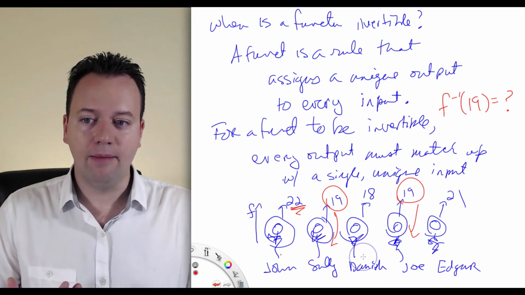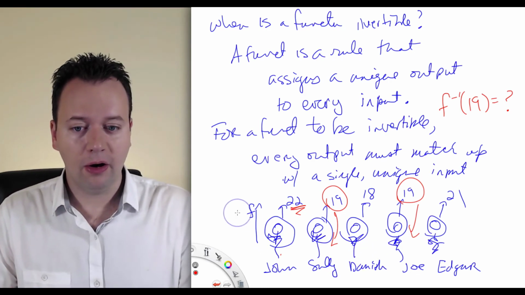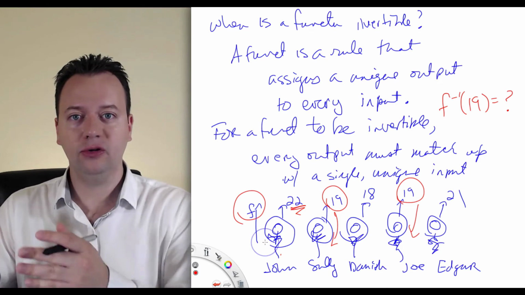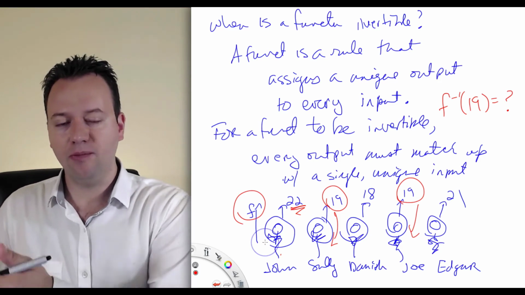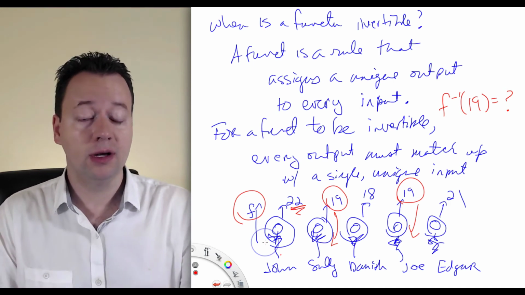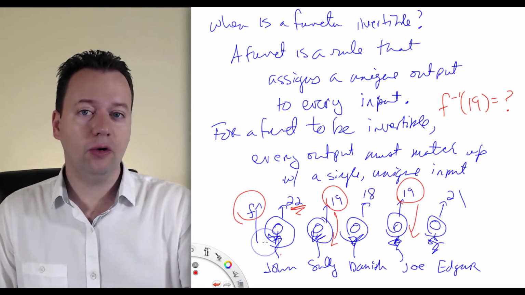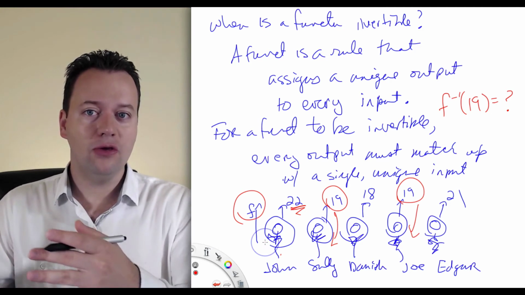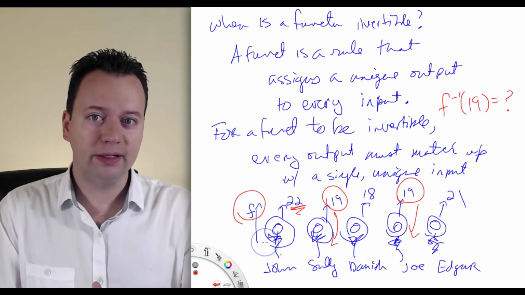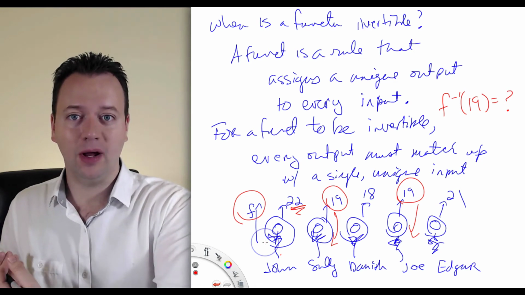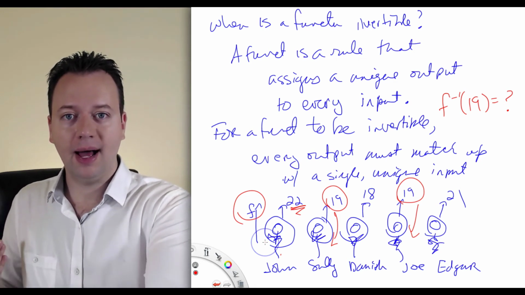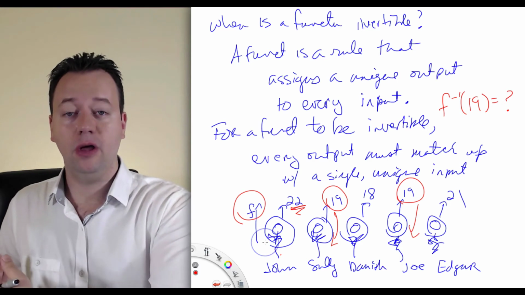Just to require f to be a function, it's okay to use outputs for multiple inputs. It's okay for different people in a classroom to have the same age. But in order for a function to be invertible, it has a higher standard. You can only use each output once, so that each output is uniquely matched with its corresponding input. So you can go from input to output and output to input uniquely.